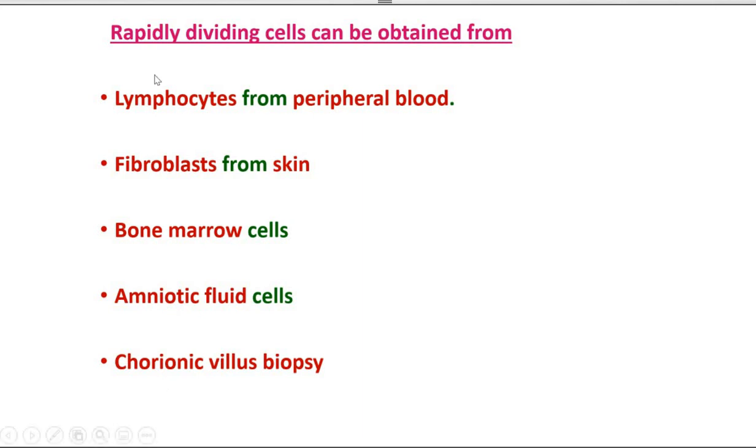Biopsy is done to obtain the rapidly dividing cells. But in general, you take up the lymphocytes as an example of rapidly dividing cells.